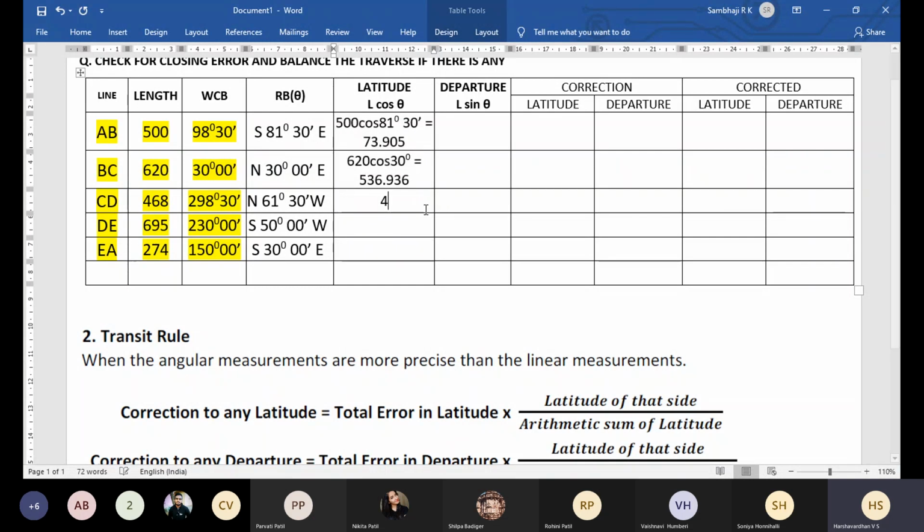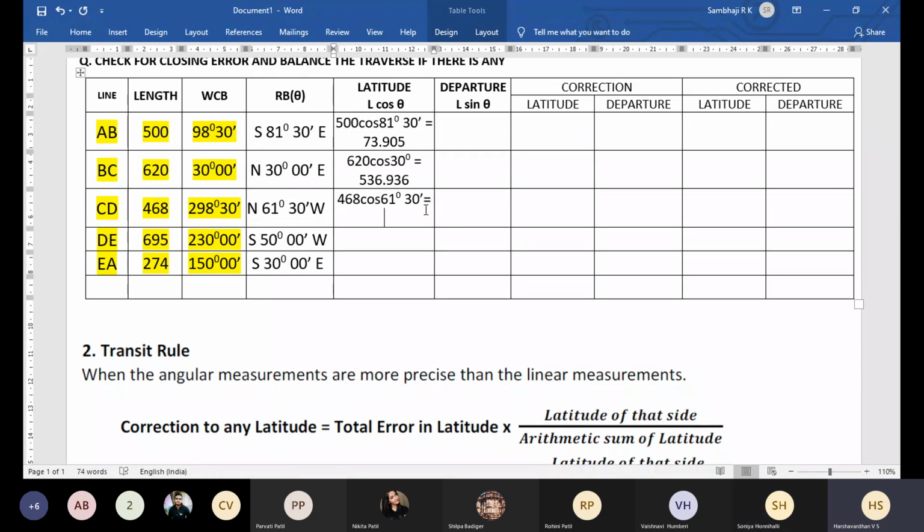Next line, it is 468 cos of 61 degrees 30 minutes. The answer is 223.310.